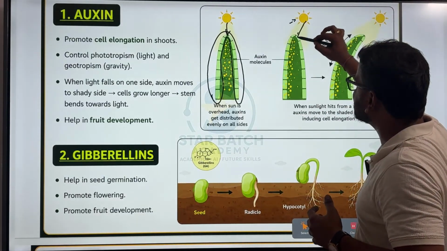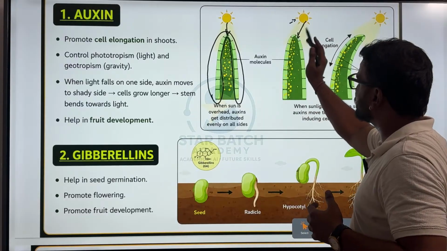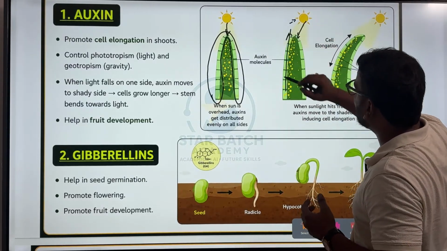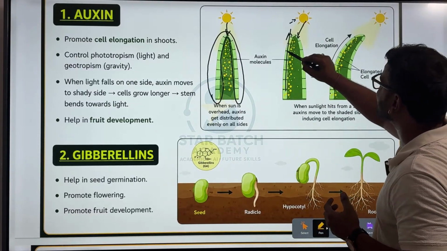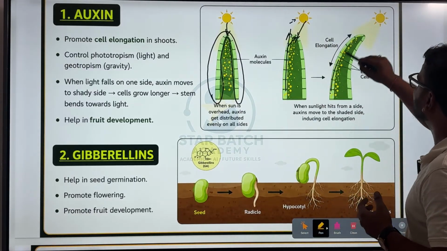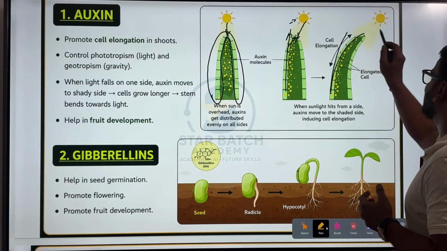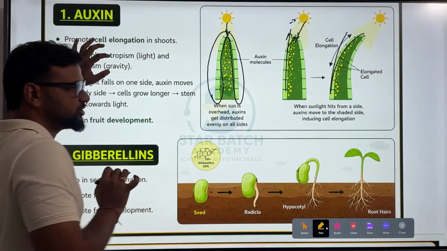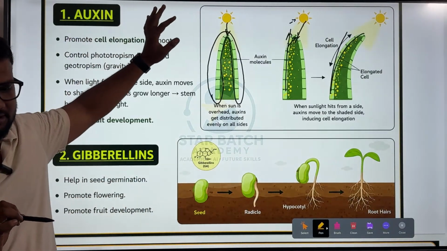Now it is here. So the molecules will go to the shady side. It enlarges, and it also bends towards the light. Okay, enlarging plus bending. So this is how cell elongation works.